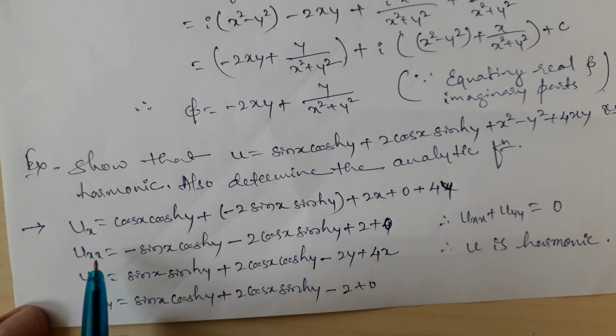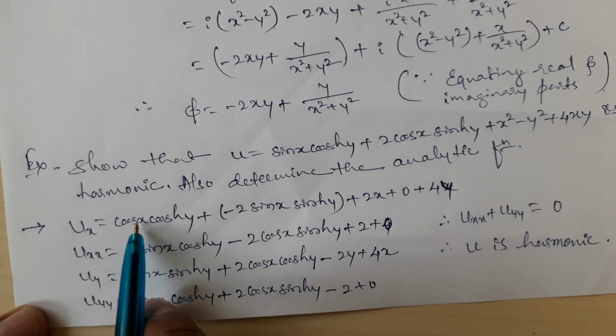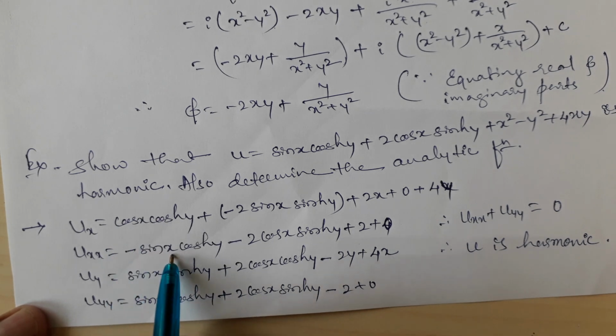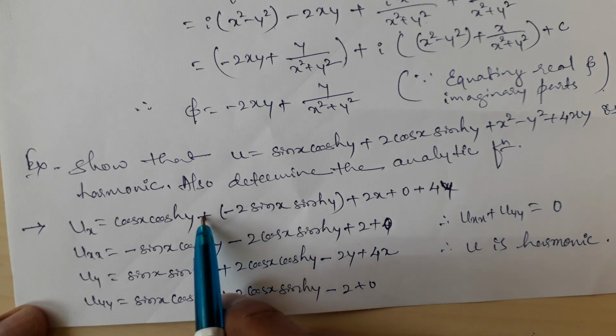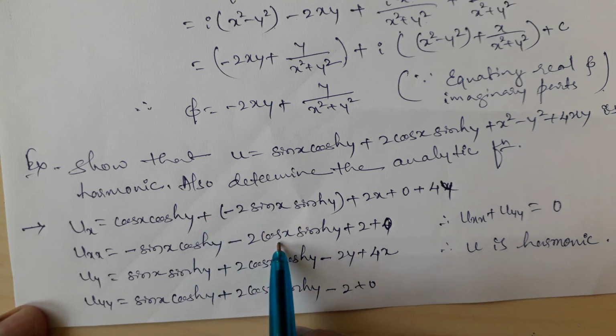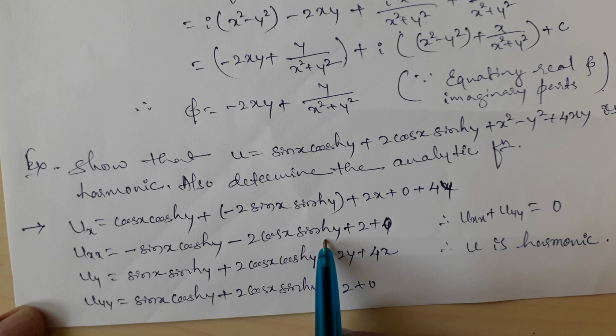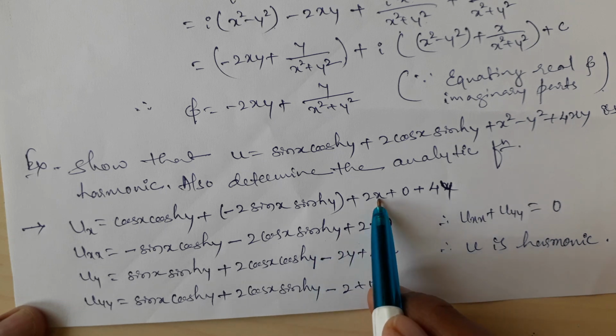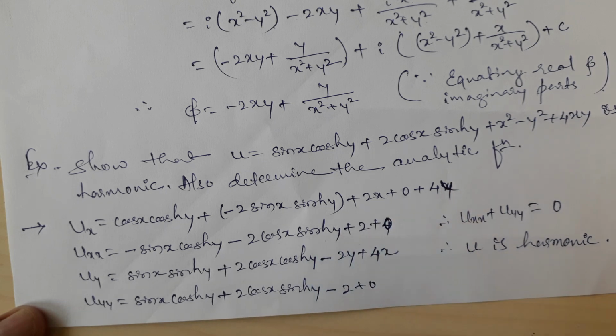Now we need to differentiate once again, uxx equal to, with respect to x, therefore cos is minus sin x and the y term as it is, cos hyperbolic y. Now minus 2 sin is cos x and the sin hyperbolic y term as it is, plus 2x is 2 and this term is 0. This is uxx.